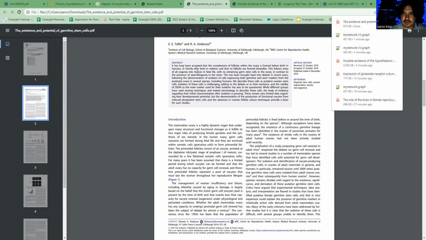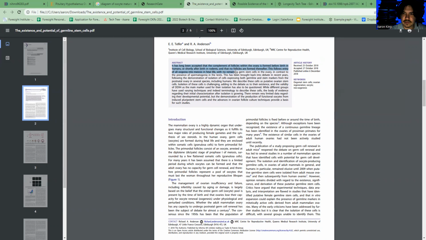Okay, humans. Putative ovarian stem cells, isolation of these cells is challenging, and there is debate as to their existence and the validity of the main marker of their isolation is being questioned. Different groups are working to describe evidence regarding the initial characterization and isolation.